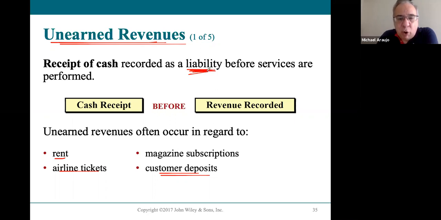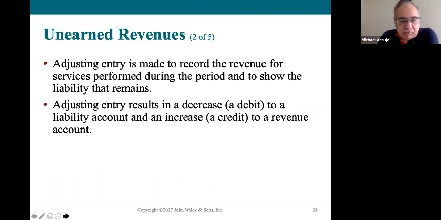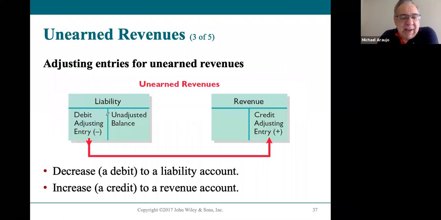We need to move it off the balance sheet and onto the income statement as revenue because now they've actually earned it. Remember what revenue is. They actually did the work. They actually delivered the good, right? So the adjusting entry needs to be made. And how it's made is we are going to lower the liability.